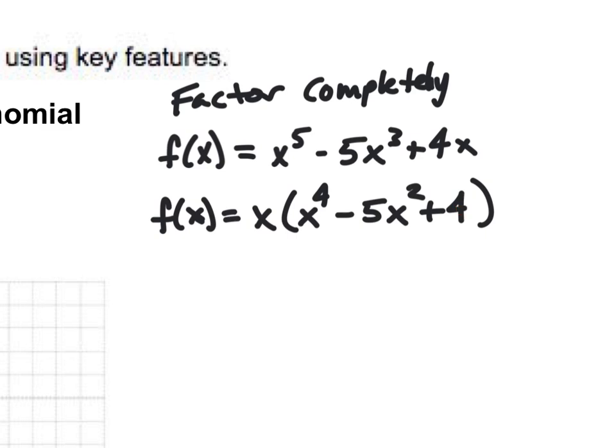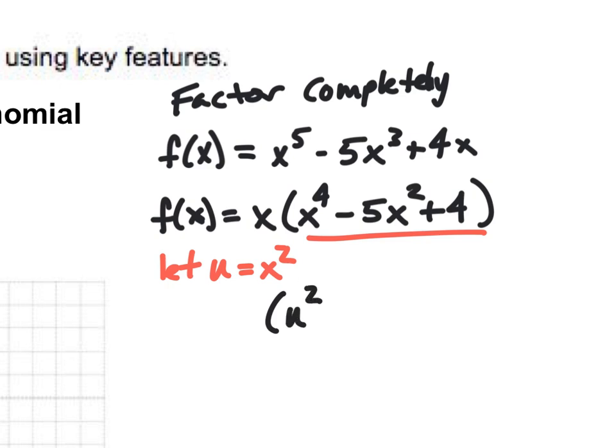Okay, so I'm going to let u equal x squared, okay? And so then I'm going to rewrite this part in terms of u: u squared minus 5 times u plus 4, okay?